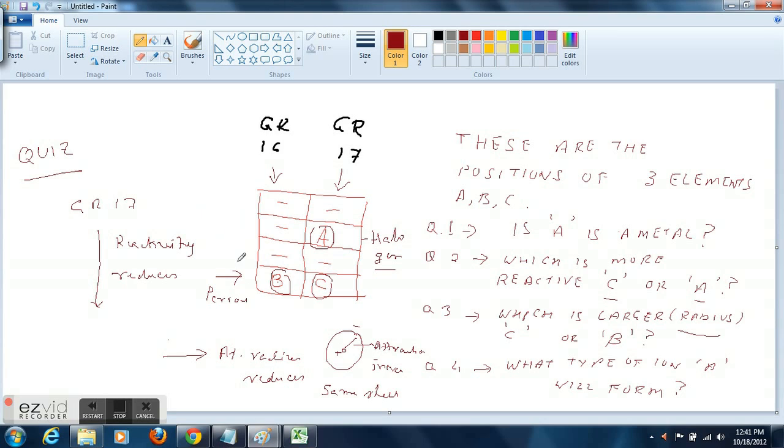Okay, so let me write the answer here. So now you got the idea. In a period, as we go from left to right, the atomic radius reduces, that means atomic size will reduce.